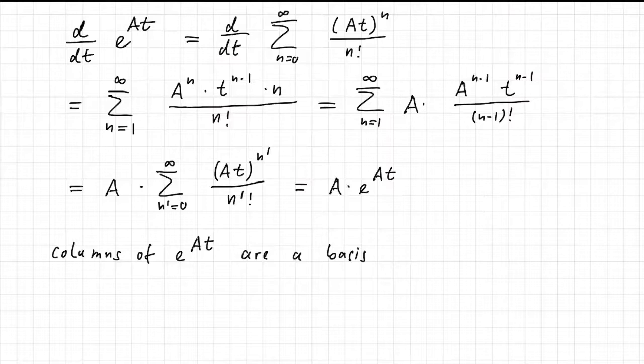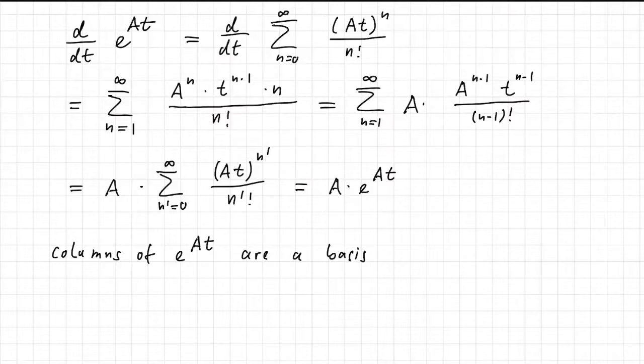Now, e to the at is an n by n matrix by definition. In order to figure out that it's a basis, we need to show that the determinant of e to the at is not equal to 0, and it's enough if we show that for a single time t. For example, we can choose t equals 0, then e to the at equals the unit matrix, which obviously has a determinant not equal to 0.